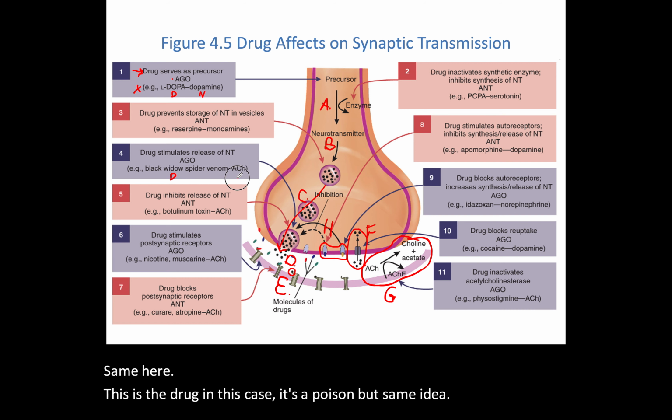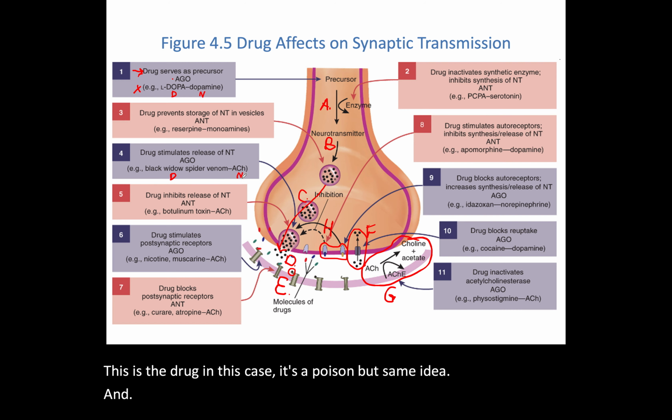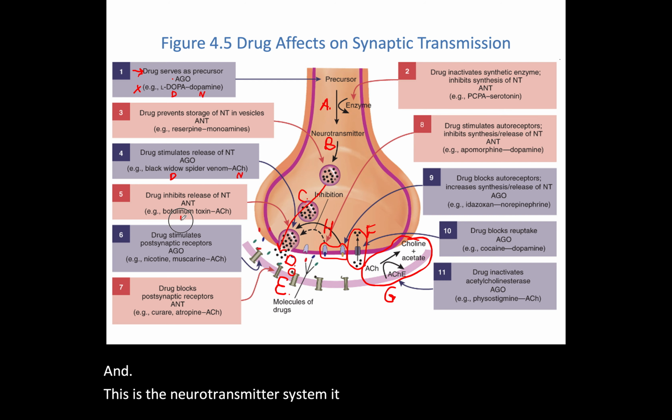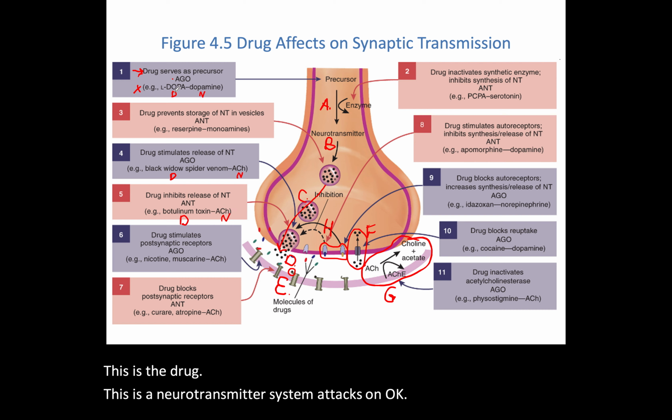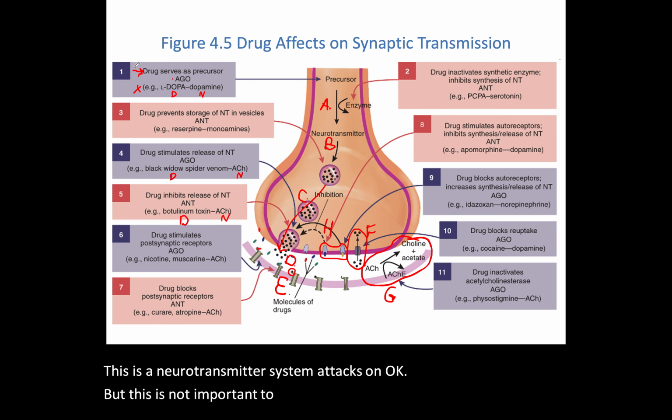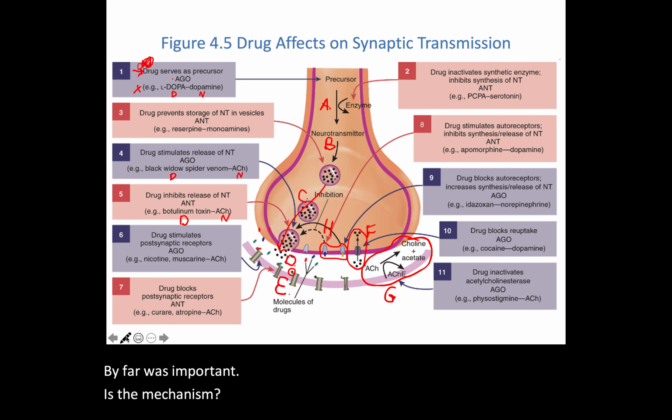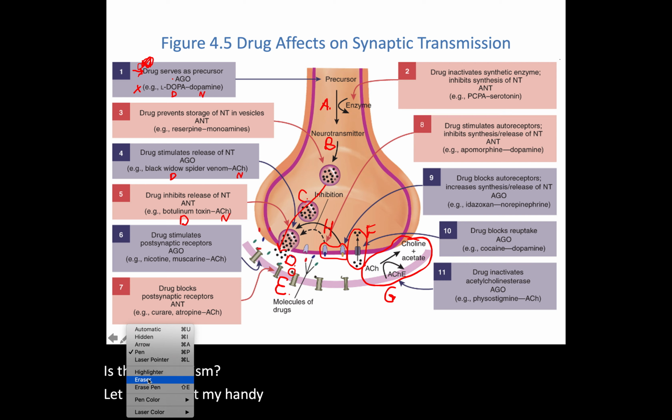And this is the neurotransmitter system it acts on. Okay? But this is not important to me. By far, what's important is the mechanism. Let me pull out my handy eraser.